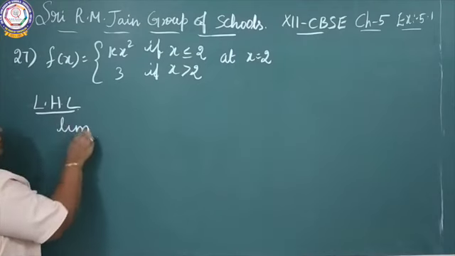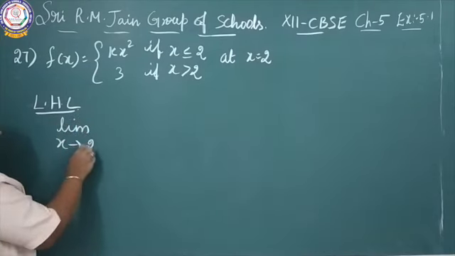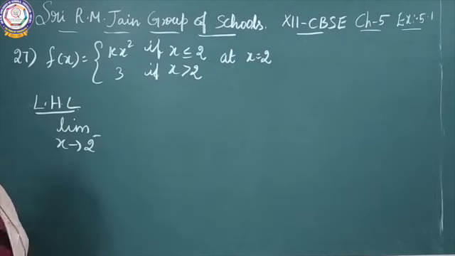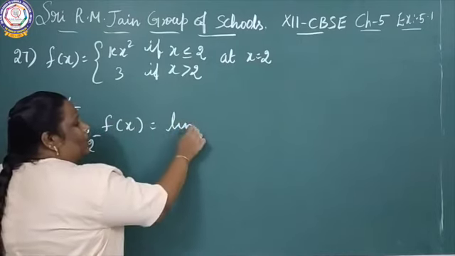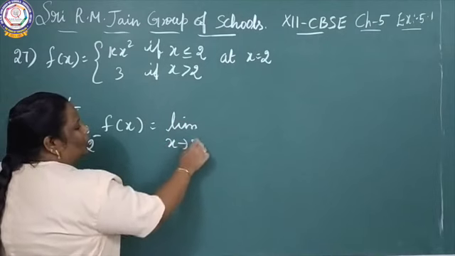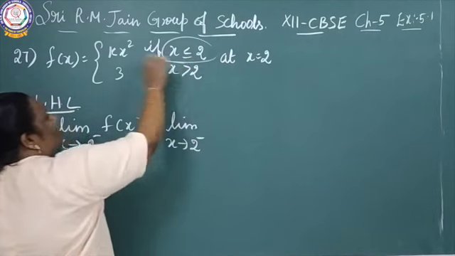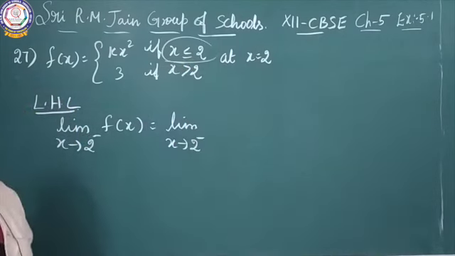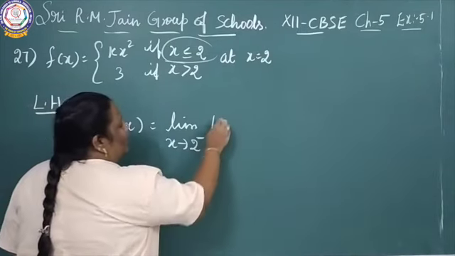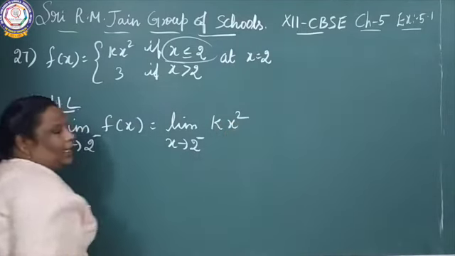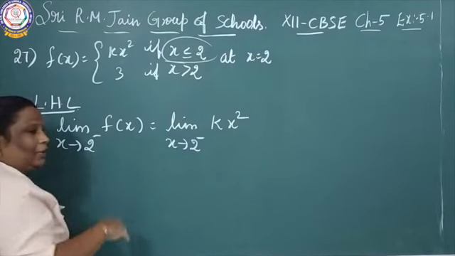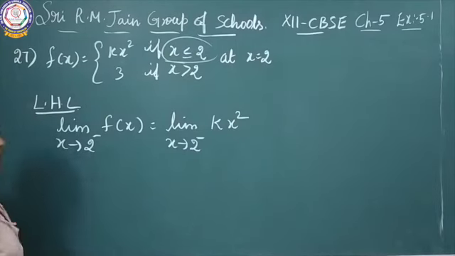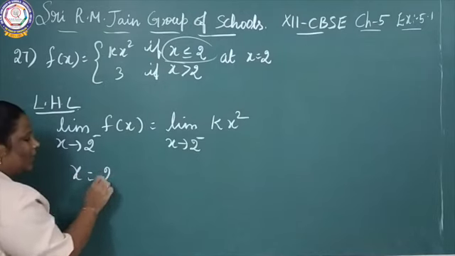Limit x tends to 2 minus f of x, where x is less than or equal to 2, the value is k x square. You replace x by a minus h, where a is 2.